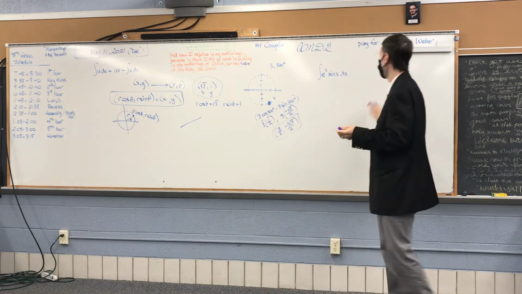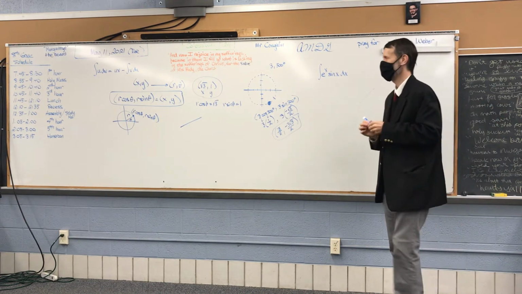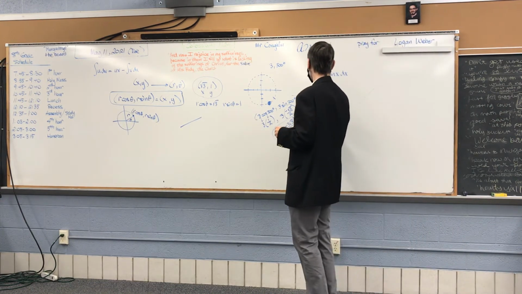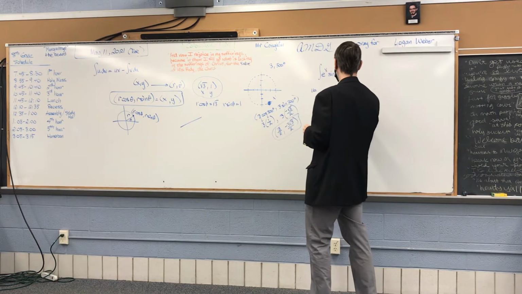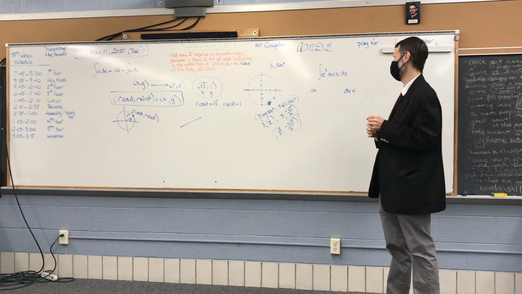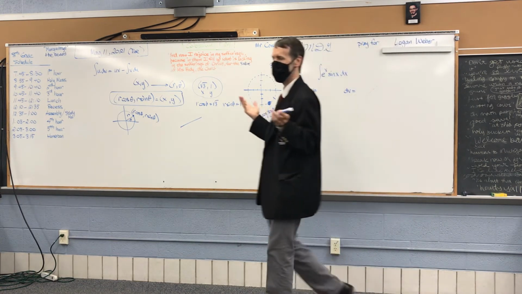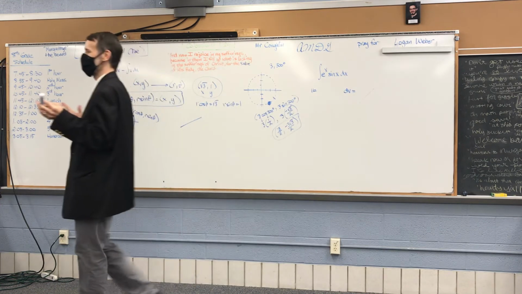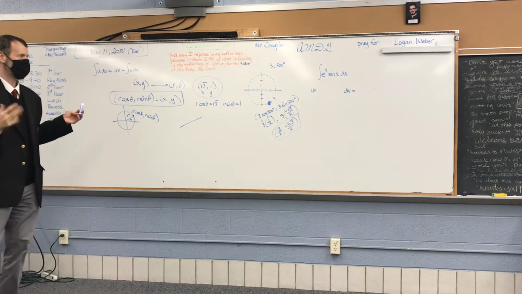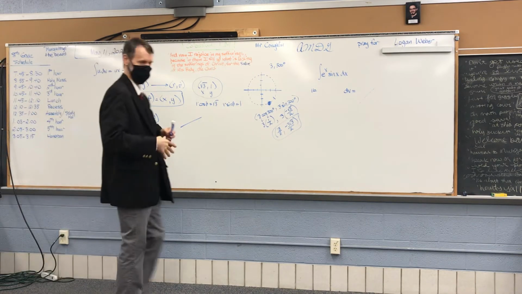Integration by parts. This looks like a good candidate. Can anybody suggest a candidate for u and a candidate for dv? There's some argument for doing either or. The rule is pick something that has an easy derivative that gets no harder, and pick something that has an integral that gets no harder.